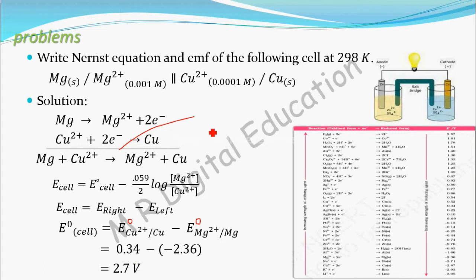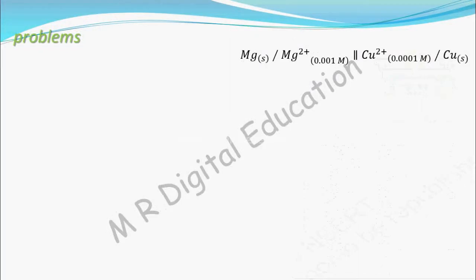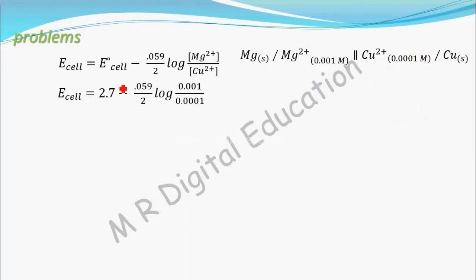Now what you have to calculate is E cell, the EMF of the cell at these two concentrations. In this, substitute the value 2.7. E naught cell is 2.7 minus 0.059 by 2 into log of, given Mg2+ concentration as 0.001 and concentration of Cu2+ as 0.0001.